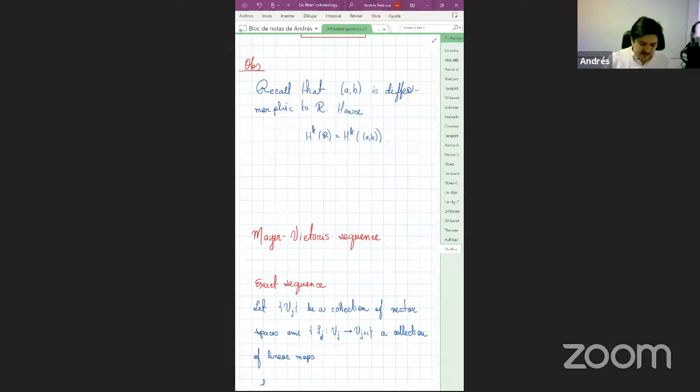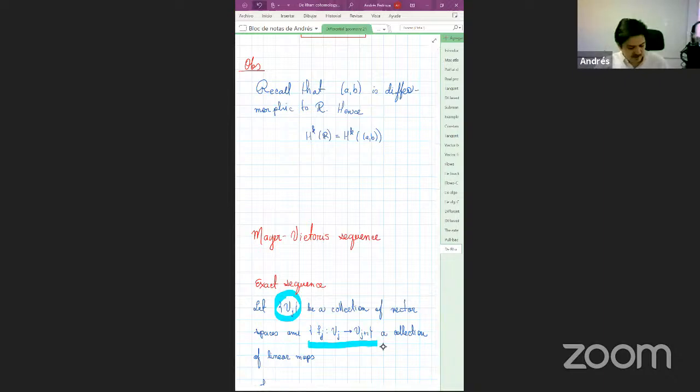Okay. Consider a collection of vector spaces and linear maps. The collection of vector spaces will be a finite collection or a countable collection. It doesn't matter. We assume that all of the vector spaces are over the same field. For our purposes, let's do it over the reals.